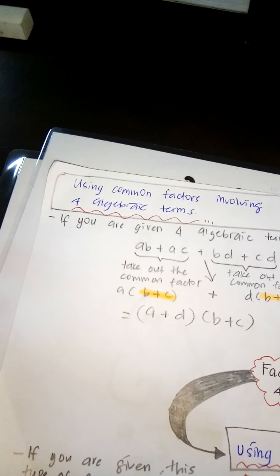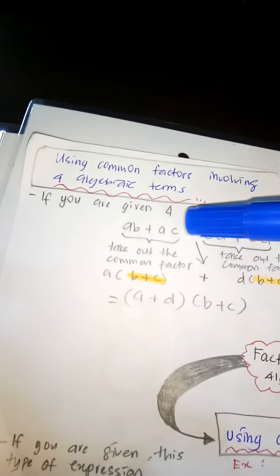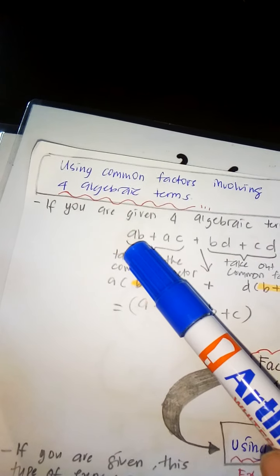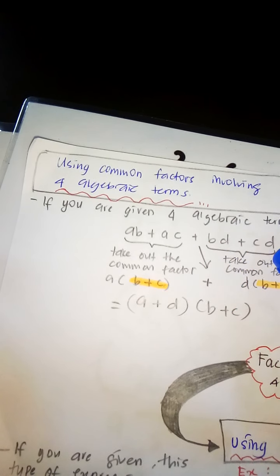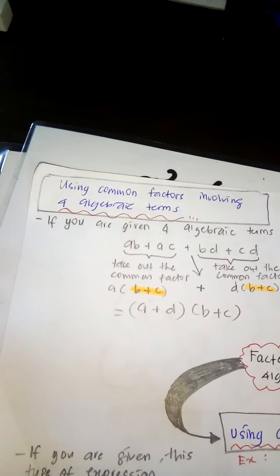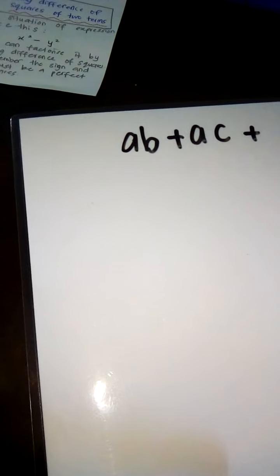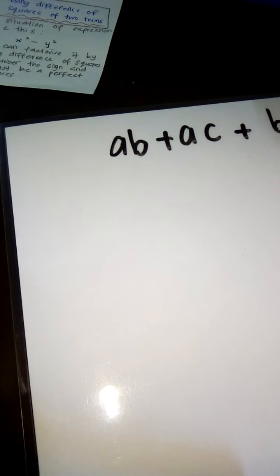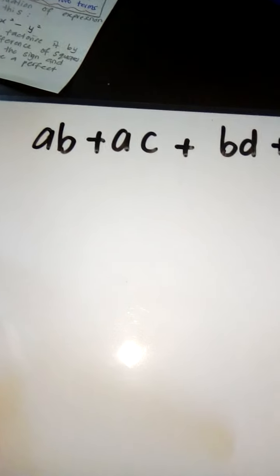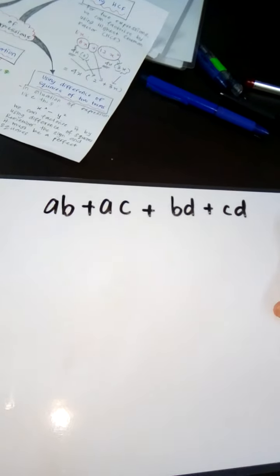When you are given 4 algebraic terms, ab plus ac plus bd plus cd, you can group them into the same factors.